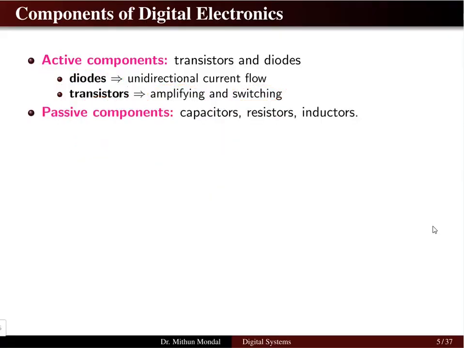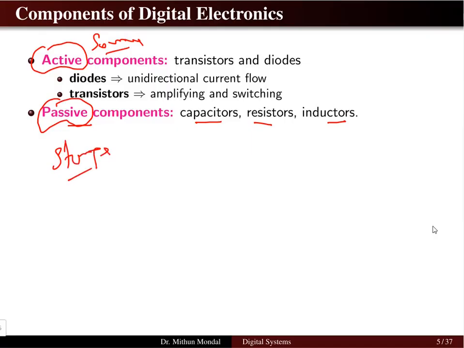When we talk about the passive components, they are the capacitors, resistors and inductors. We have discussed these in detail in the electronics as well as electrical chapters, where we saw that the active components are the source, and the passive components are either energy storage devices or dissipating elements.